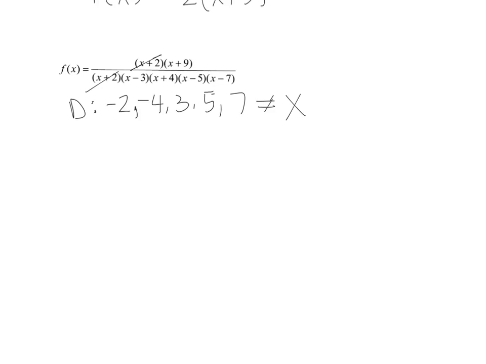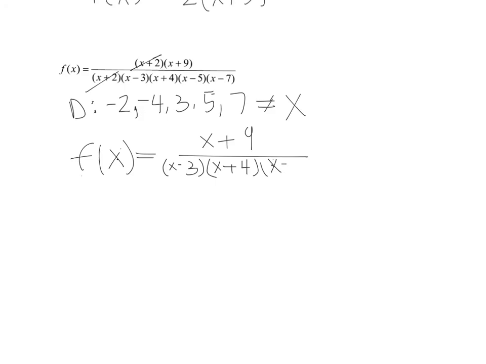So now my rational function in lowest terms, f of x, is going to equal x plus 9 in the numerator, and then the denominator is going to be x minus 3, x plus 4, x minus 5, x minus 7.